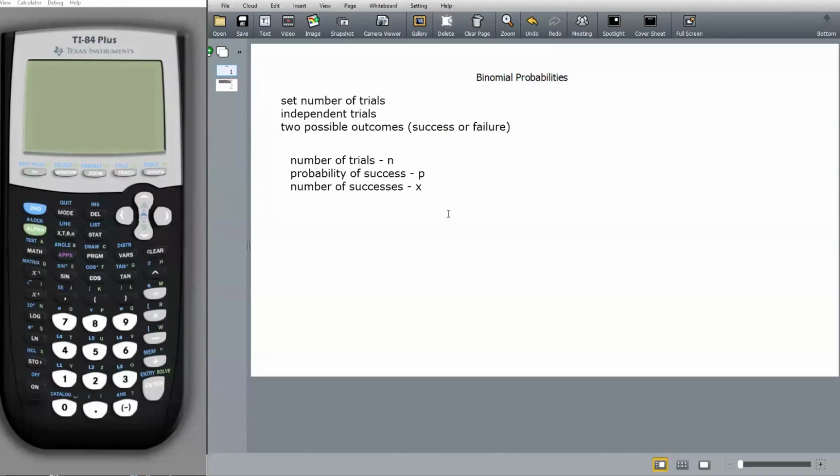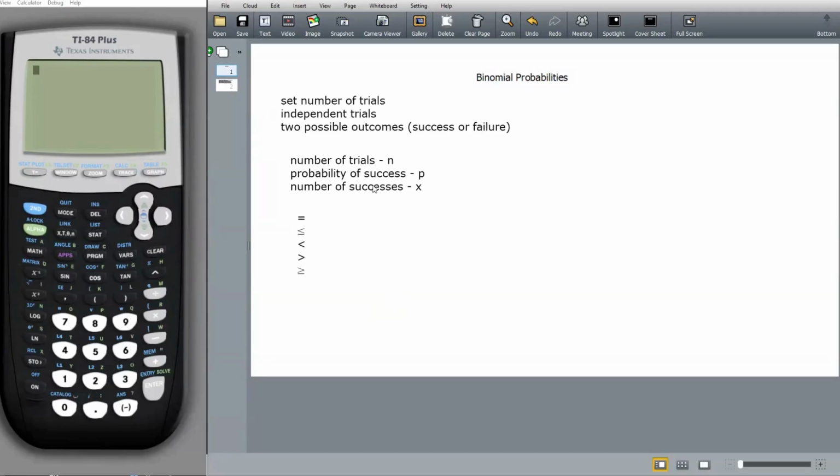Because the binomial distribution is a discrete probability distribution, whether or not I include x in my probability will change how I substitute my numbers into my calculator. That also means that I am going to have 5 possible outcomes that I might substitute into my calculator. These include equals, less than or equal to, less than, greater than, and greater than or equal to.